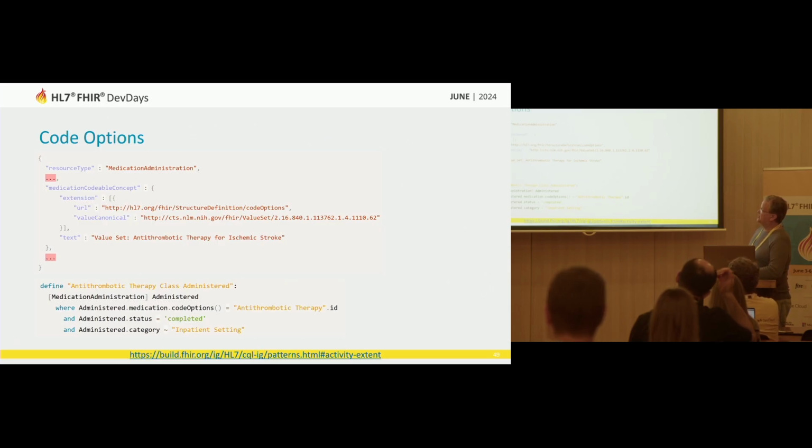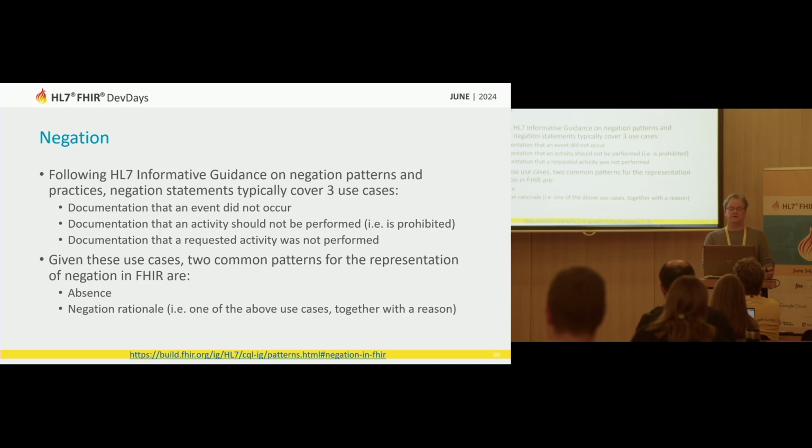So that's picking up the antithrombotic therapy value set and comparing it to the ID. So I can use that mechanism to actually talk about classes of things in terms of the value set. So it turns out to be a really important pattern in stating the kinds of negation that we need in quality measurement and decision support.